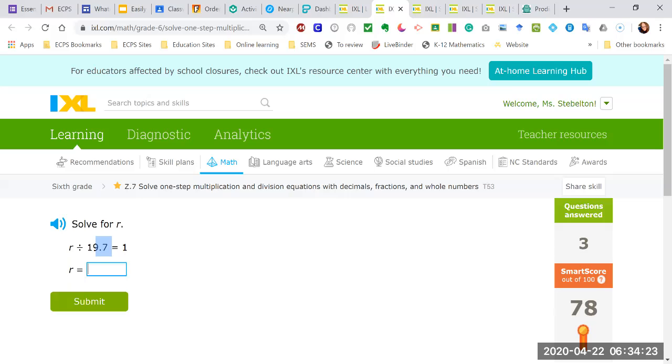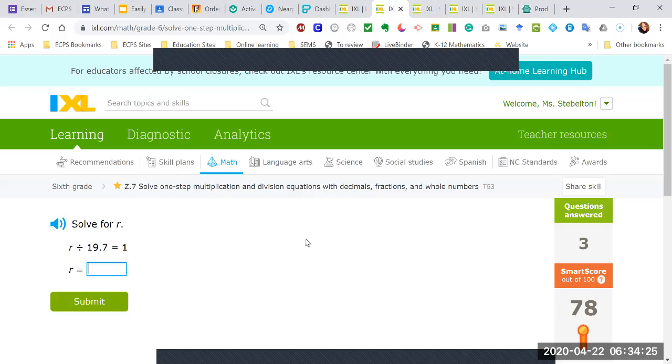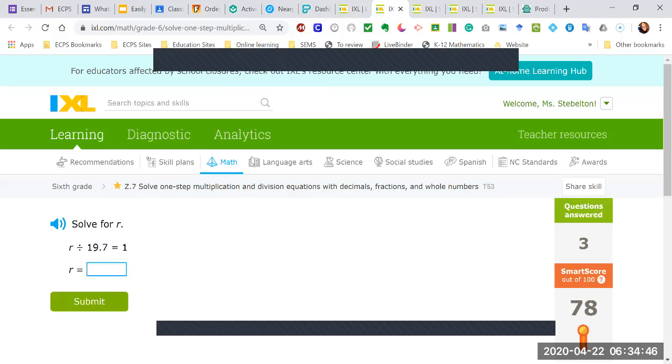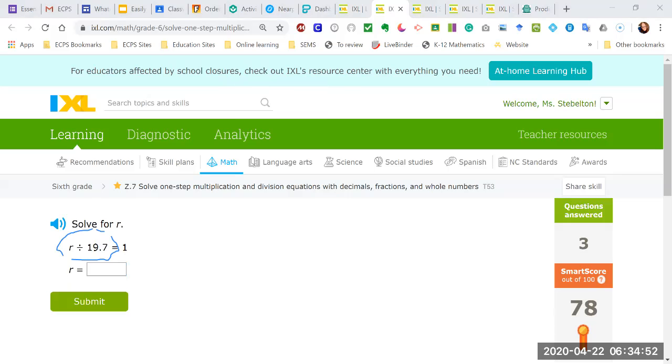Okay, so now this one is a little different than the one we did before. We're still going to be using the same process, but it's just slightly different. So what we're going to do is make this right here into a fraction.